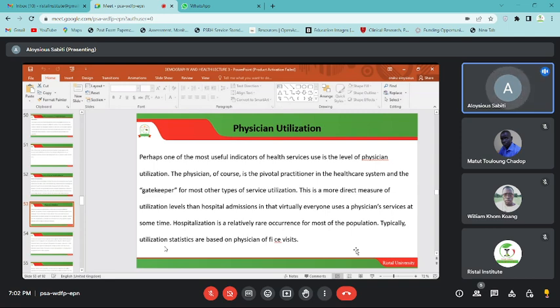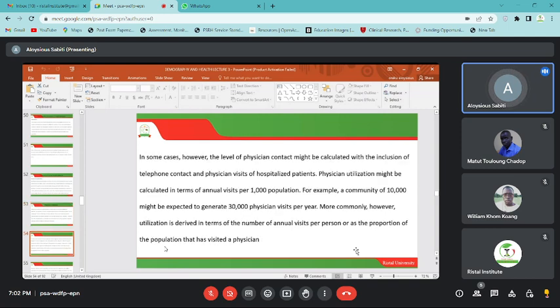It is a more direct measure of utilization levels than hospital admissions, in that virtually everyone uses a physician's service at some time. So we can use how many individuals in a population have seen a physician to understand what a population's health behavior is like.